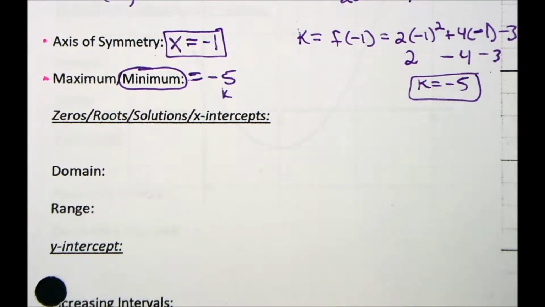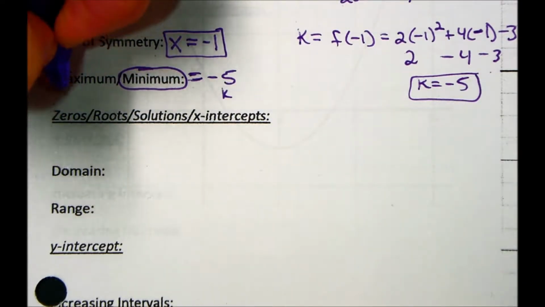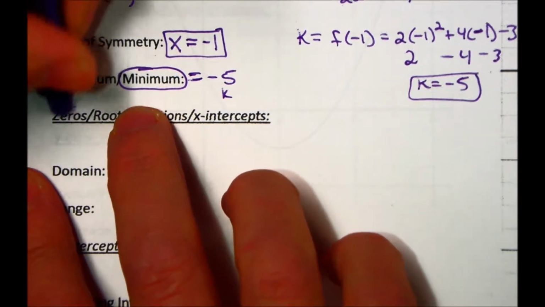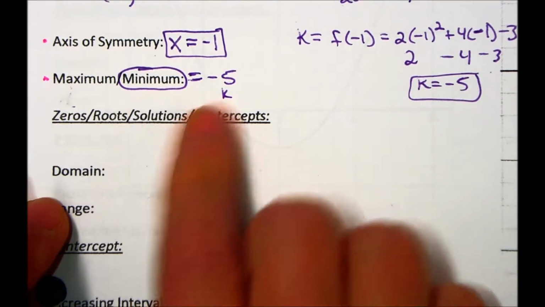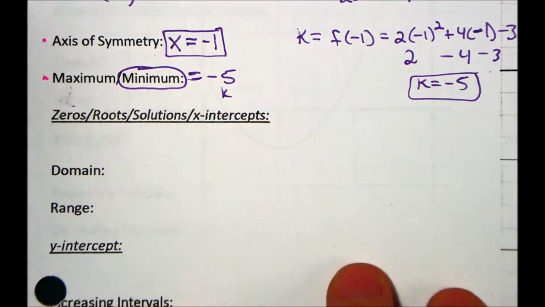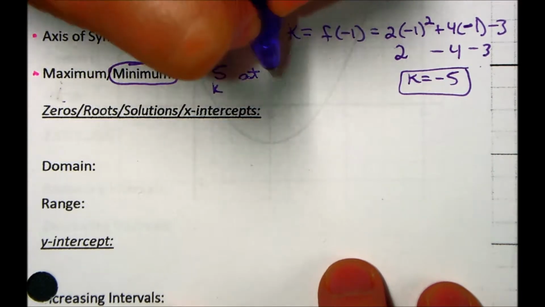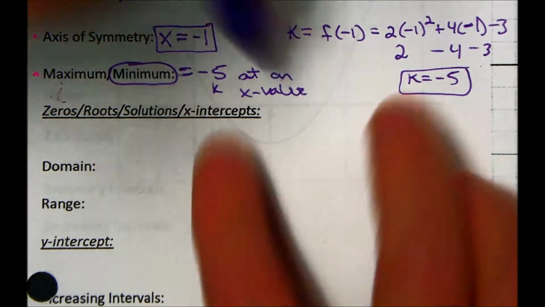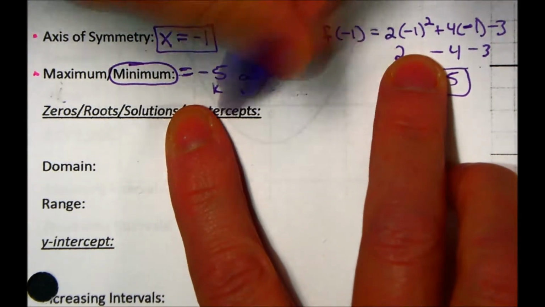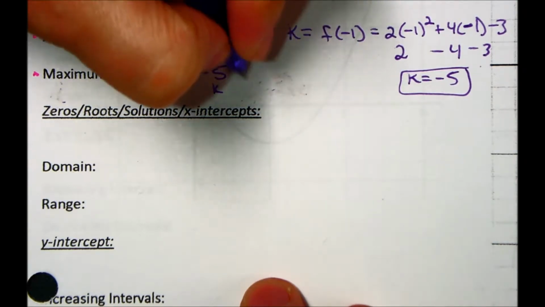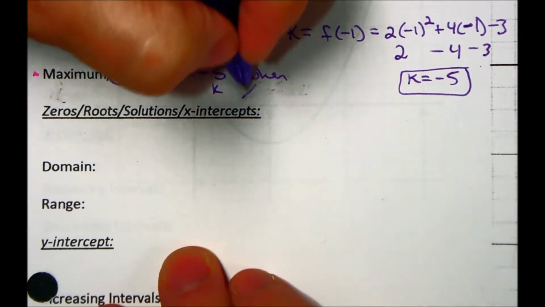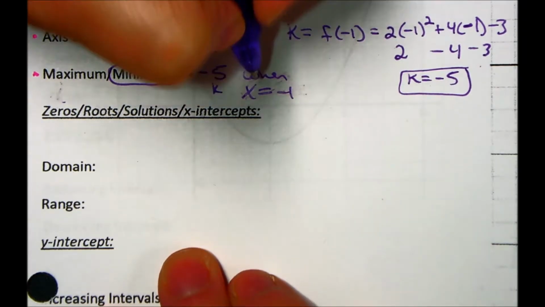Now, if in other courses you're asked for the minimum point, the minimum point is basically the vertex. So what you may be asked to do, the minimum is -5 at an x value, or let's see, I'm going to write it differently, when x equals -1.